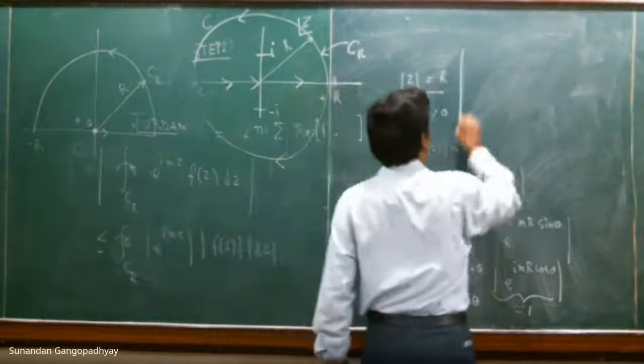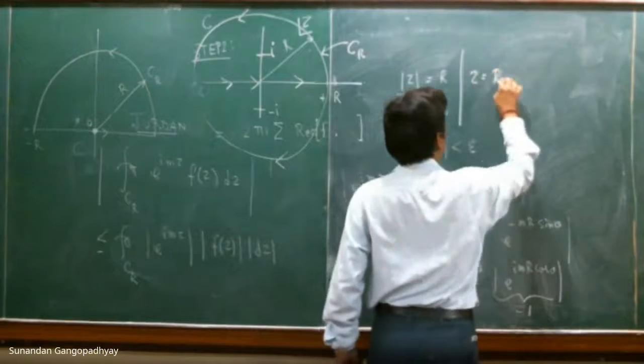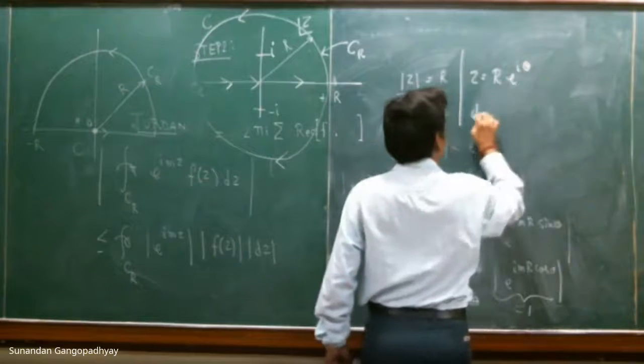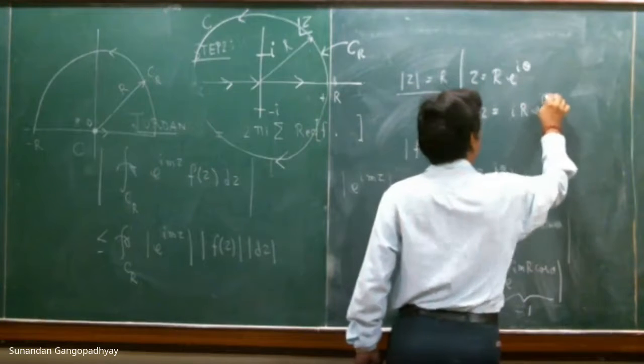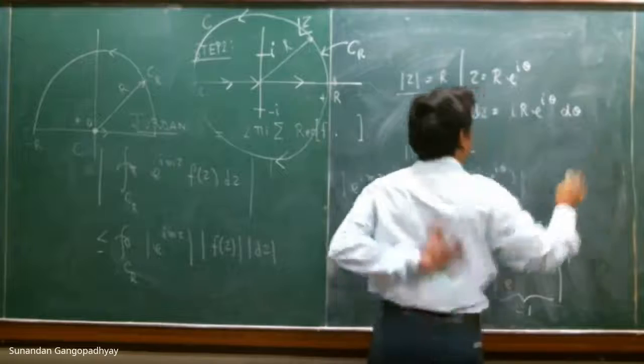But z is R e to the power of i theta. Therefore, dz is i R e to the power of i theta d theta.